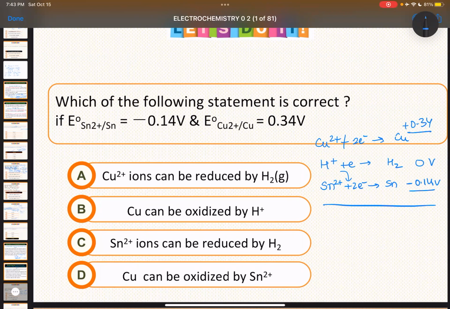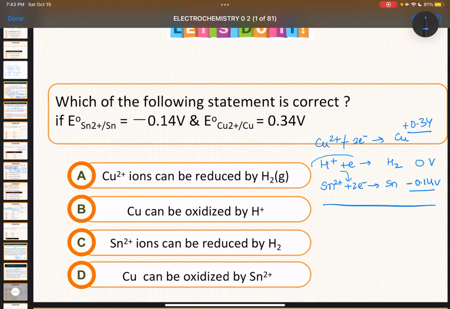So tell me, who is having higher tendency to accept electrons? Is it H plus or tin?